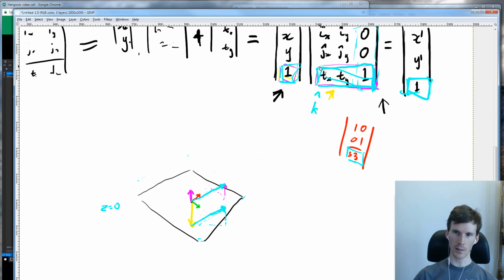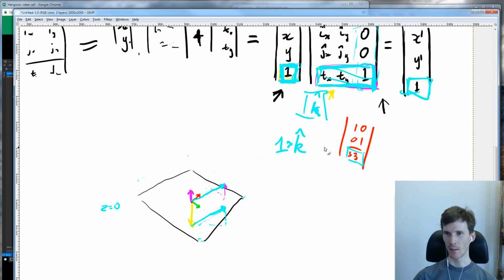So basically this is our k hat basis vector, and because we're by definition always going to put 1 on the z-axis, the input to this is always going to be 1. You're always going to get 1 times k hat.